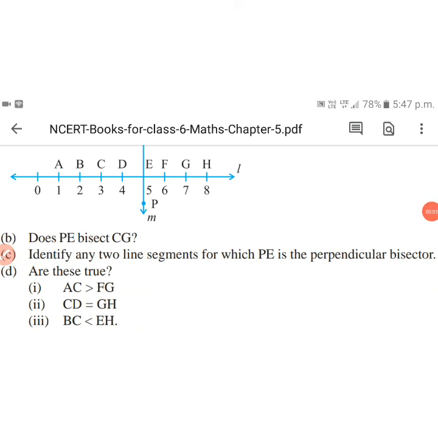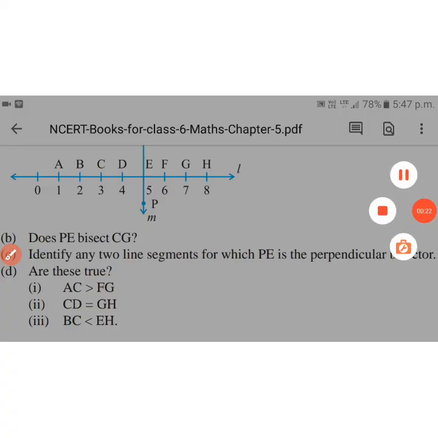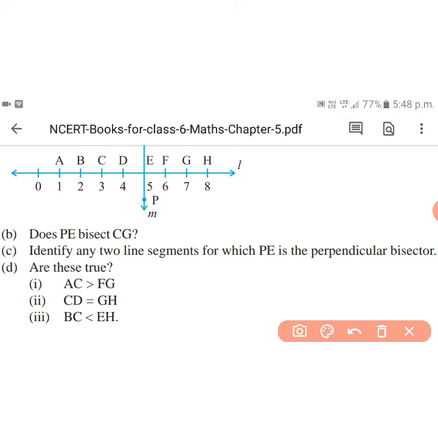Second one, CD equal to GH. CD equal to 1 unit and GH is equal to 1 unit. So CD is equal to GH. So the statement is true. Third part, BC lesser than EH. So this is BC. BC equal to 1.